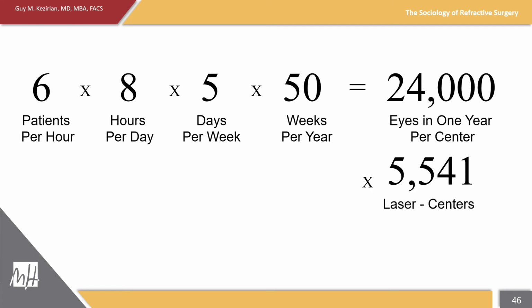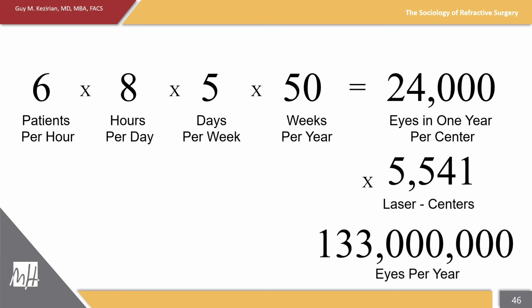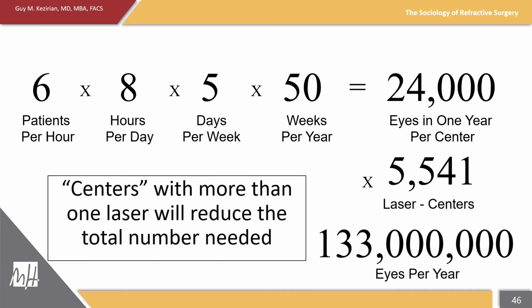Now that's not looking at all of the intake and post-op. That's simply as the rate limiting step of the center doing surgery. It could theoretically treat 24,000 eyes per year in one center efficiently used at this capacity. So if we multiply that times 5,500 laser centers, we come up with 133 million eyes per year.